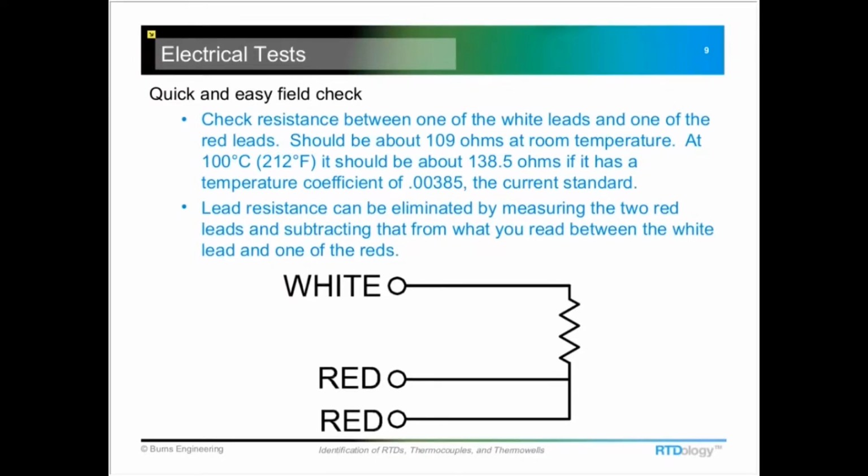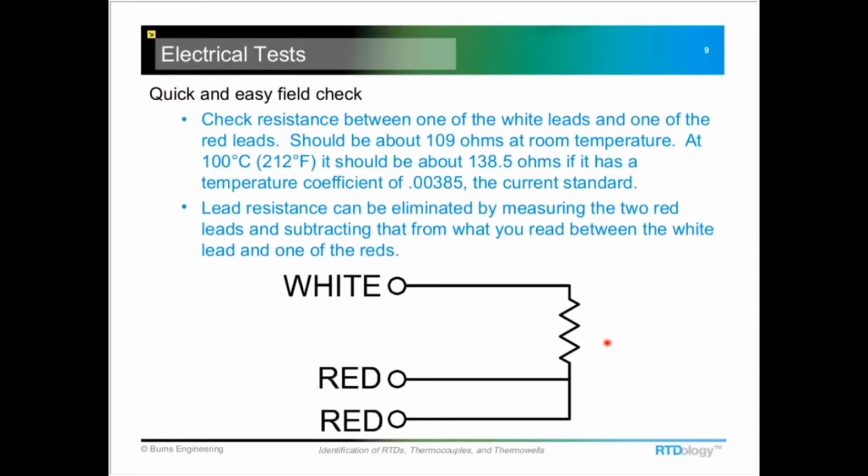We take a simple ohm meter, check between the 2 red leads and measure that resistance, and then subtract that from what you measure between the white and just one of the reds. That will give you the resistance of just this sensing element right here. It's a little resistor made out of platinum wire. So that's what you're measuring, and that's what you want to define.